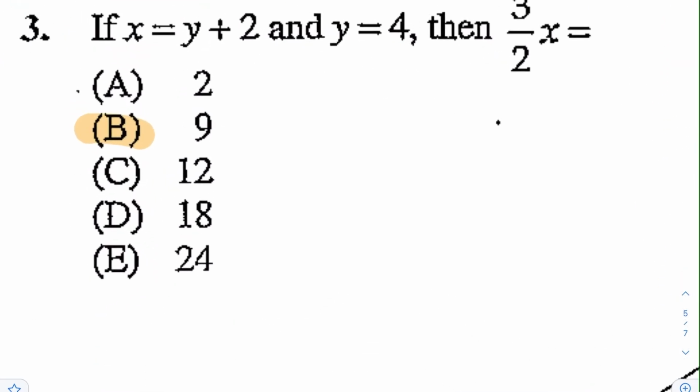Next one, number 3. If x is equal to y plus 2 and y is equal to 4, then 3 over 2 x is equal to what? Here you know y is equal to 4, so you can substitute into the first equation. Instead of x equals y plus 2, you replace y with 4, so x will be equal to 4 plus 2, which is equal to 6.